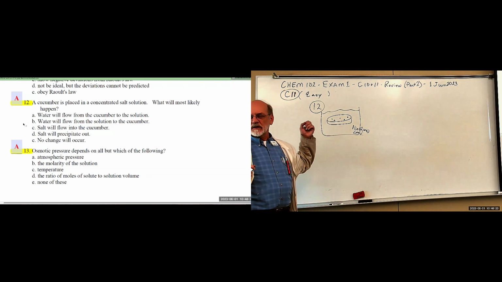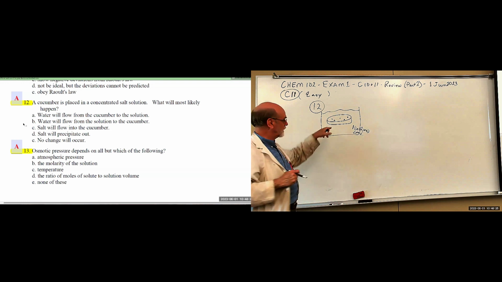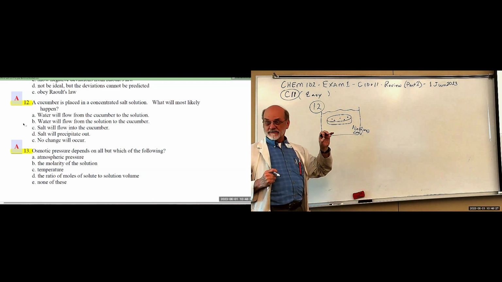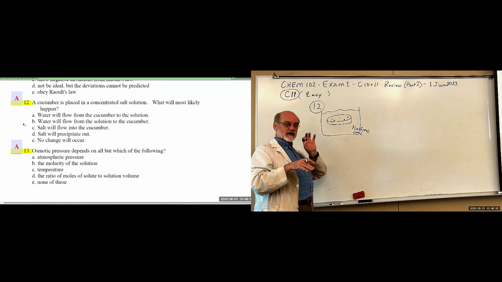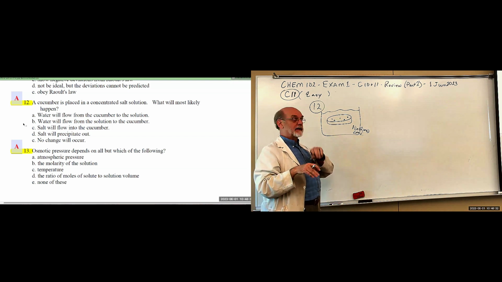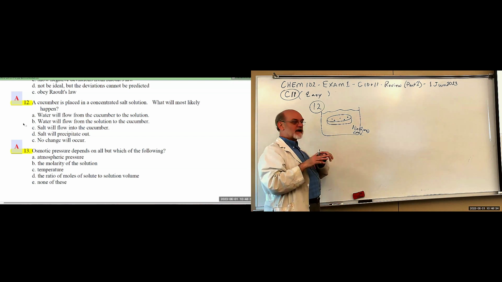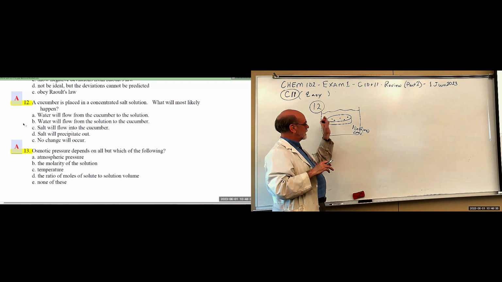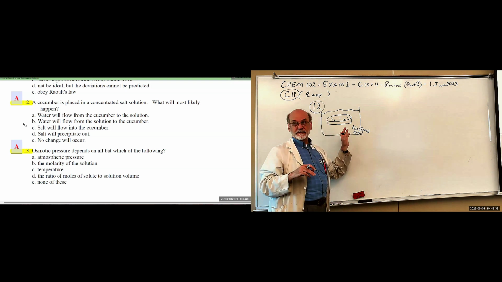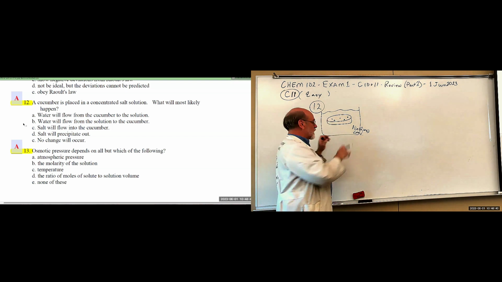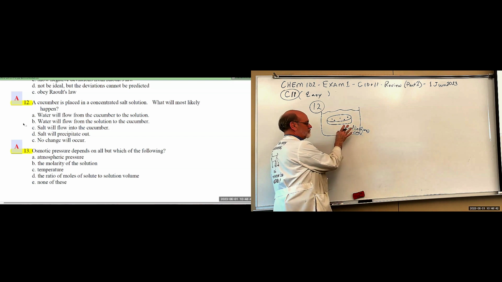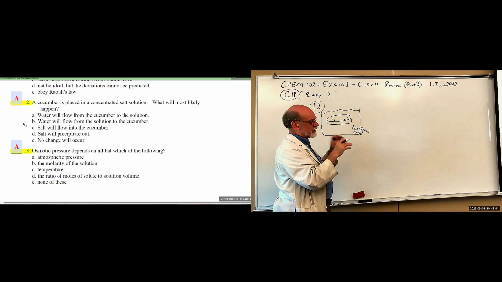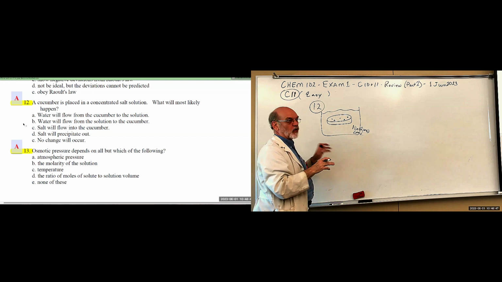What are we talking about here? We're talking about a semi-permeable membrane in the cells of that cucumber. So we compare the osmotic pressure inside the cell versus outside the cell. Actually, the way to think of this is what's the concentration of water?